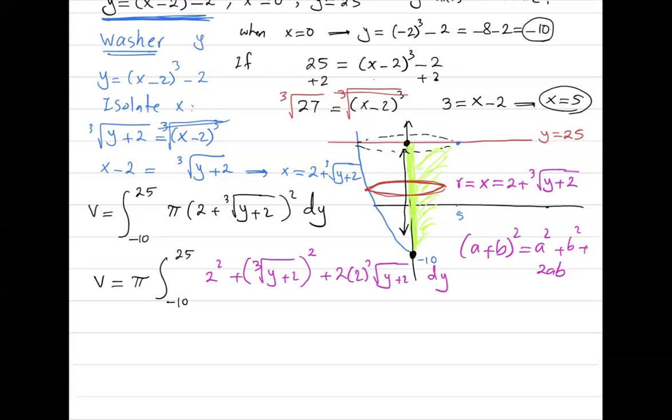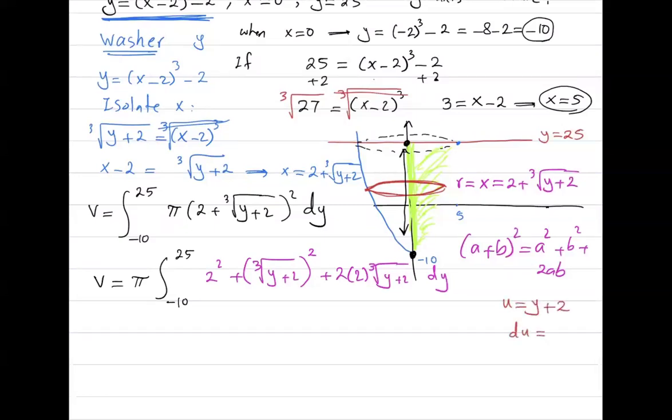This is exponent 3, or the exponent is a third and the root is 3. You can use u substitution for these cases. u can be equal to y plus 2.